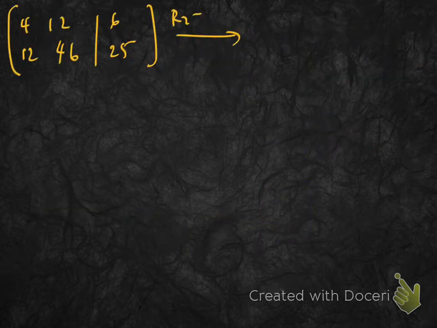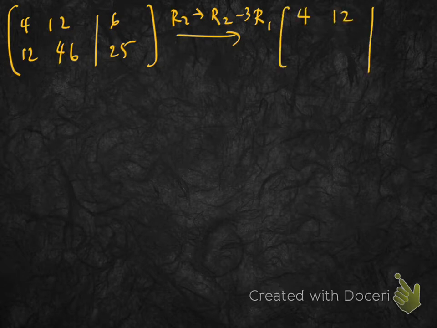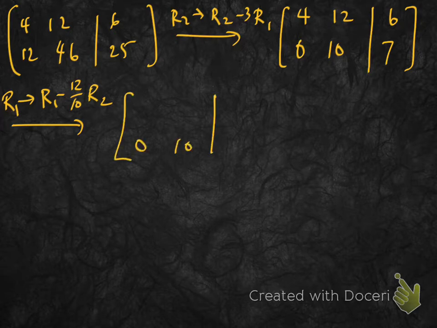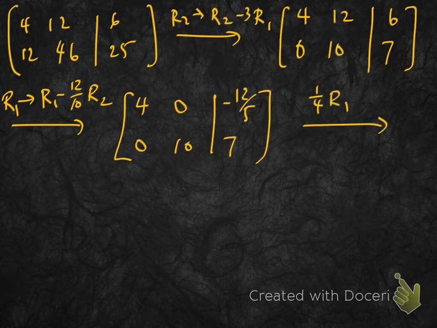So I set up the augmented matrix and I row reduce. First, I replace row 2 with row 2 minus 3 times row 1. It keeps row 1 the same and clears out one of those entries in row 2. Next, I replace row 1 with row 1 minus 12/10 row 2. So this keeps the second row the same and clears out an entry in row 1.